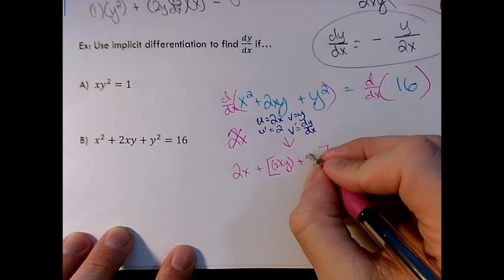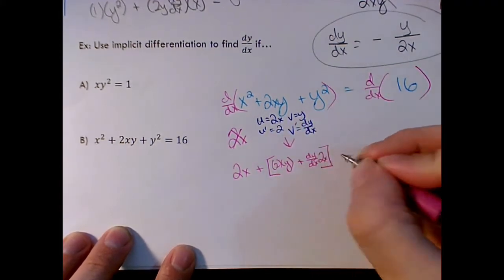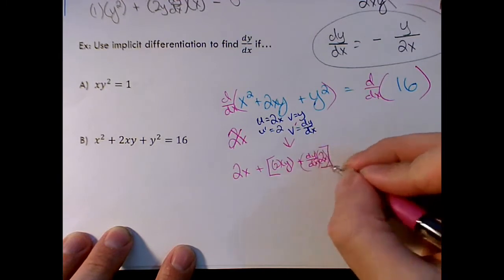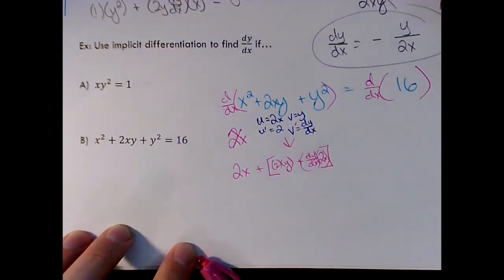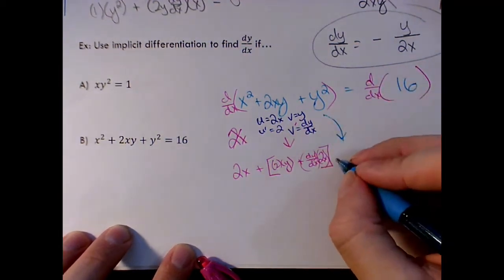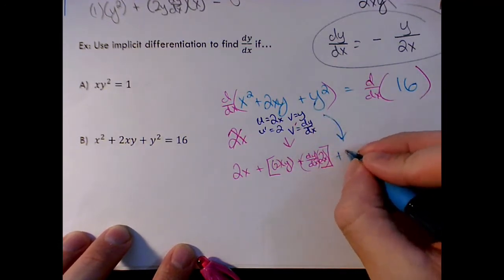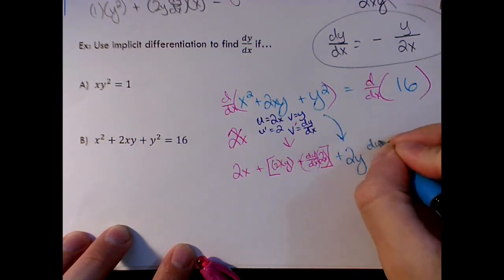v prime, so dy/dx, u is 2x. That's my product rule problem. The derivative with respect to x of y squared is going to be 2y dy/dx.